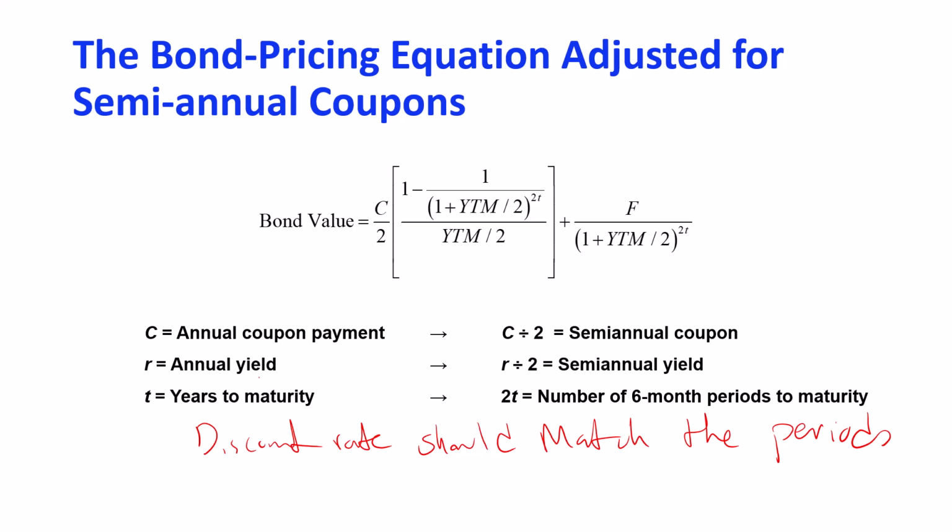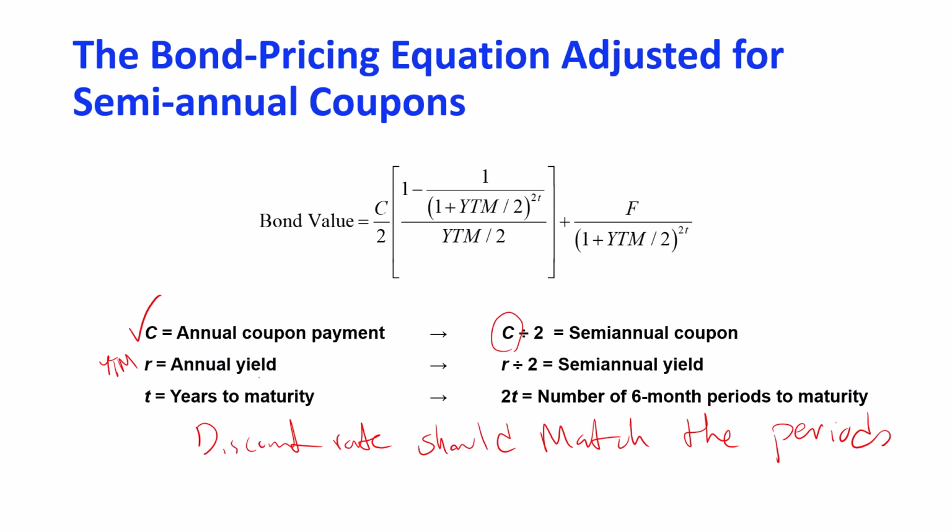But here, because the payments are paid every 6 months, we need to adjust three things. The first one is the dollar amount of coupons that you receive every period. Since you're looking at a 6 month period, your dollar coupons are going to be your annual coupon dollars divided by 2. The yield to maturity is an annual rate.